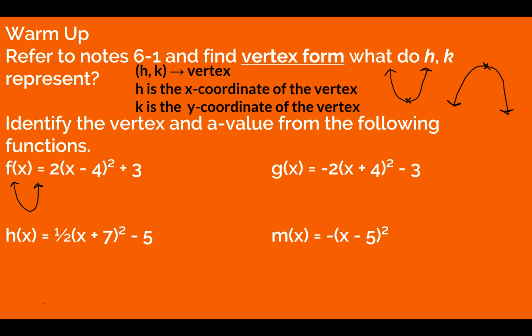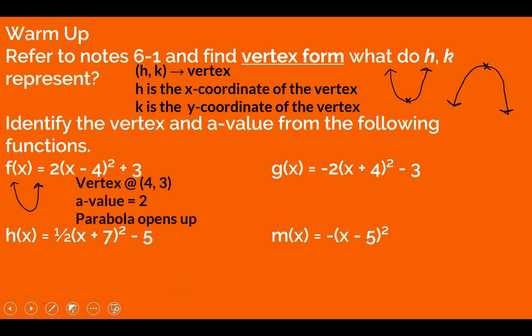But your k will remain the same. So you will keep your k, but you will have to change your h. So here, right now I have x minus 4. So what is my h going to be? Positive 4. Good. I have a plus 3 on the end, so what is my k? A positive 3. We change our h. We keep our k.